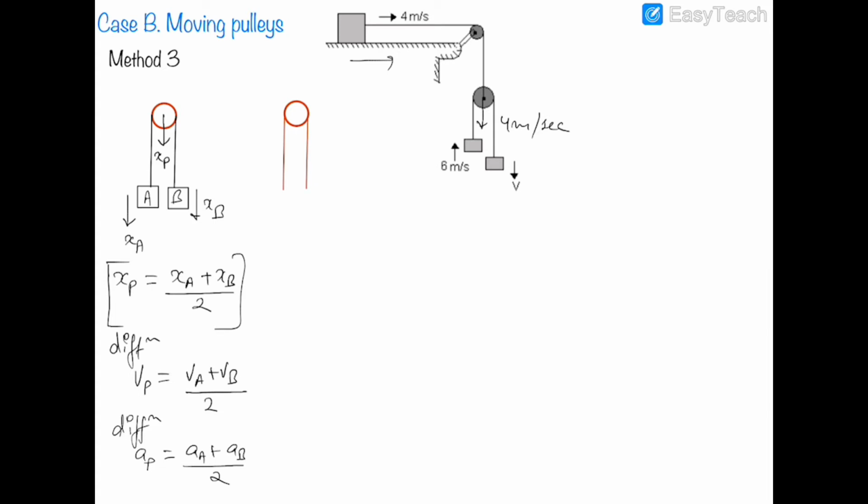There are two blocks attached to it, this is block A and this is block B. Let's suppose A is moving upward XA and B is moving downward XB, and the pulley is moving upward, let's say XP. Now we are applying the same concept, that the pulley moves by an average distance of the blocks on either side, and by applying this concept we should write the equation very carefully, that XP is equal to (XA minus XB) by 2.